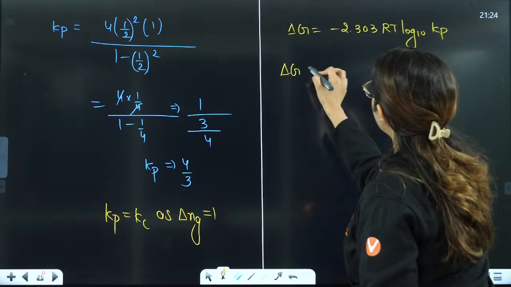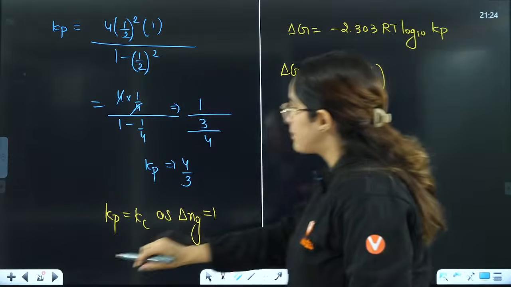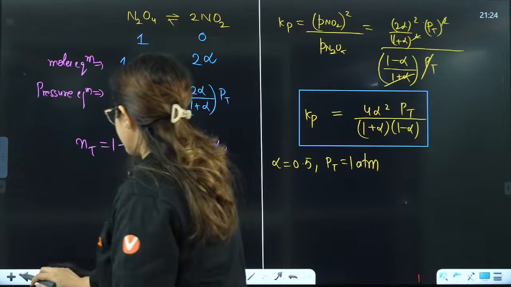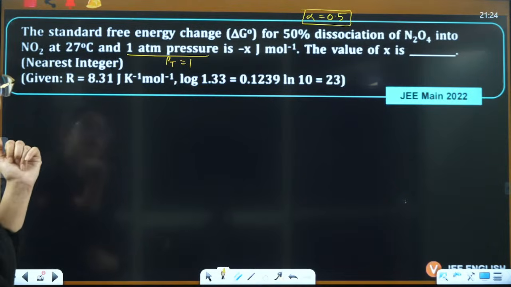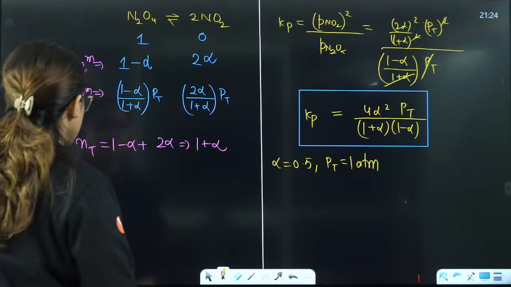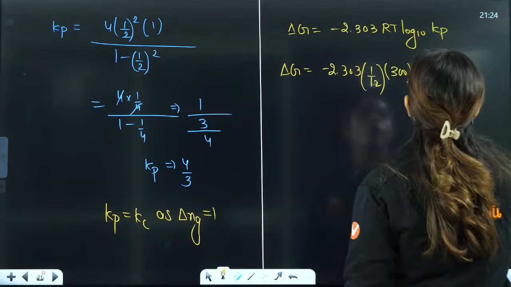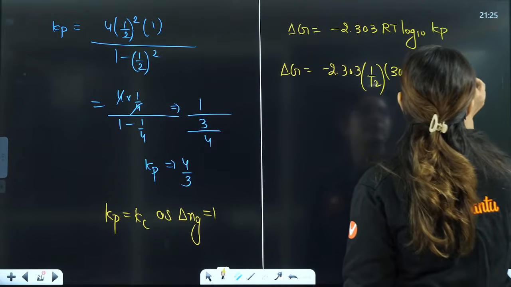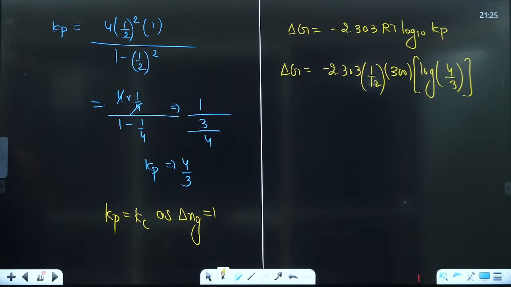Then delta G will be minus 2.303, R will be 1 by 12, temperature is given to be 300, and this is log of 4 by 3. Then you calculate all of these and you will get your answer, right? Okay. Yes, tell me everybody, is that clear?